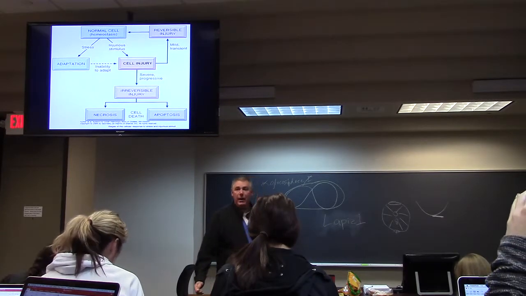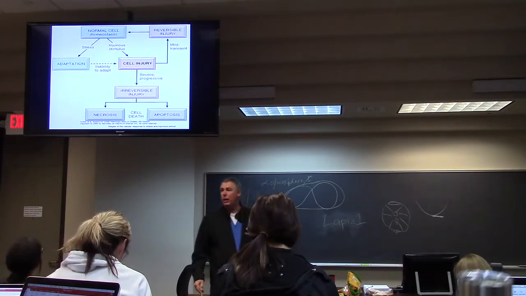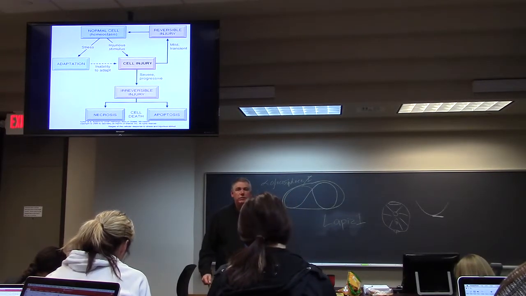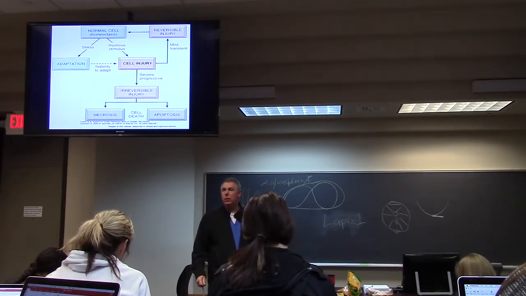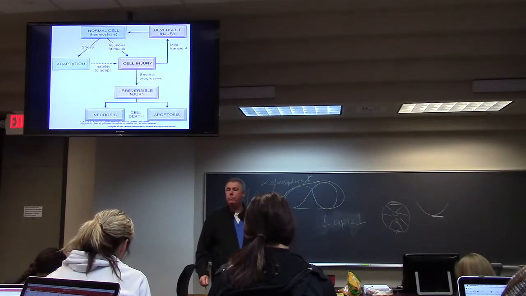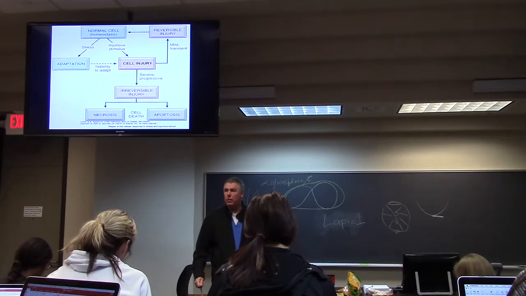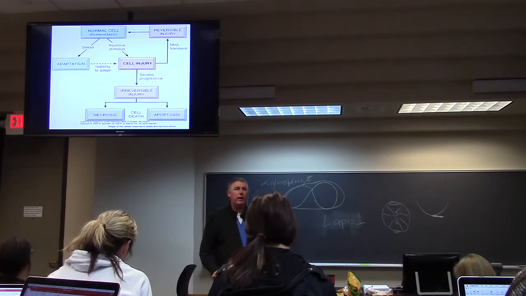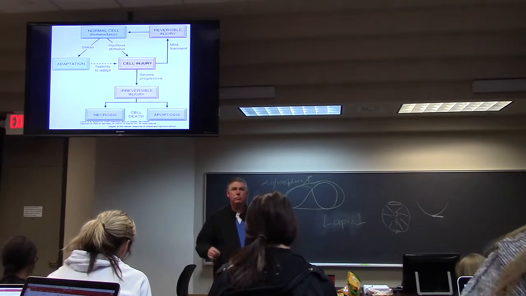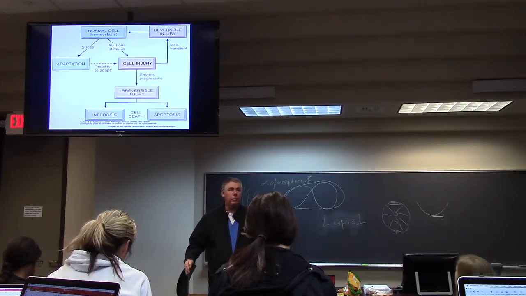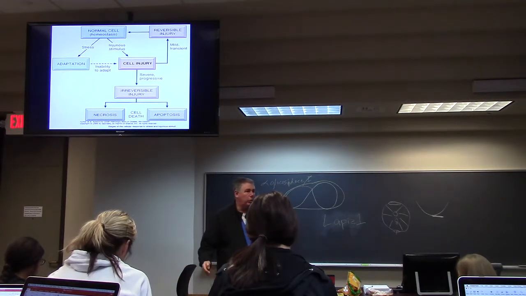Thankfully, you have this mechanism because when you deal with a lot of DNA damage and you have a cell that could become a neoplasm, these cells can activate a suicide mechanism and they kill themselves before they become a tumor.